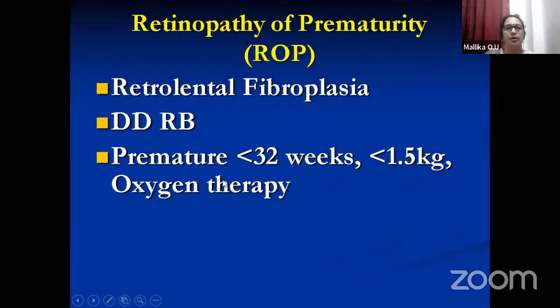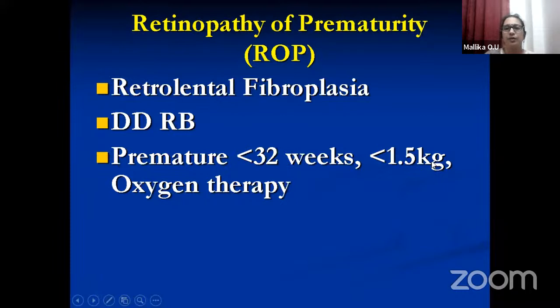As I told you, it occurs in premature babies less than 32 weeks of age at birth with a low birth weight less than 1.5 kg. So the most common risk factor is prematurity, a baby born with a gestational age of less than 32 weeks and a low birth weight.